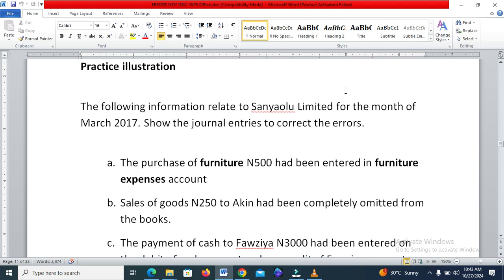Learning should be from simple to complex. There is need for us to do a practice illustration of recording into the journal proper before we move to the errors that affect the agreement of a trial balance.